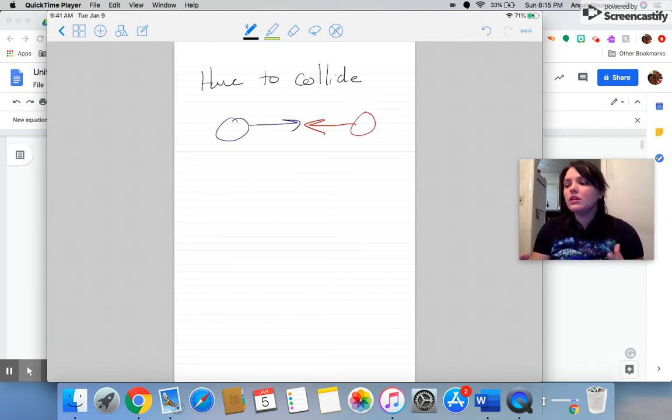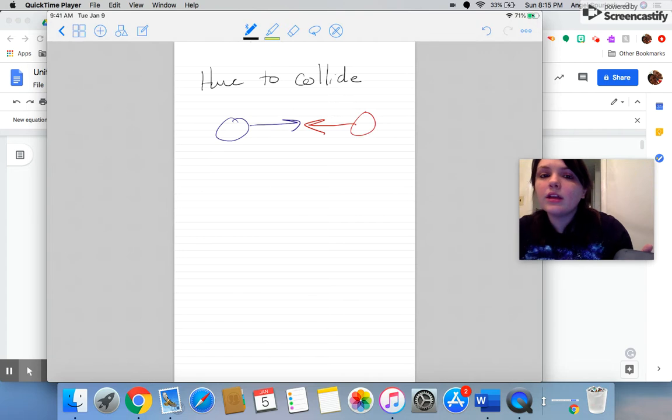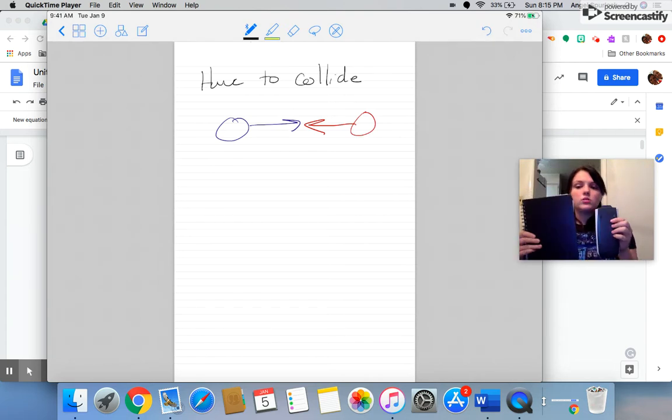And if we think about it, well, why would they have to collide? It makes sense when we first start thinking about it in terms of breaking bonds. So if these two things are two particles that are trying to react, if they're just kind of sitting next to each other, nothing's going to get broken. They're just going to sit next to each other. But if they collide into each other, we can start breaking things, right?